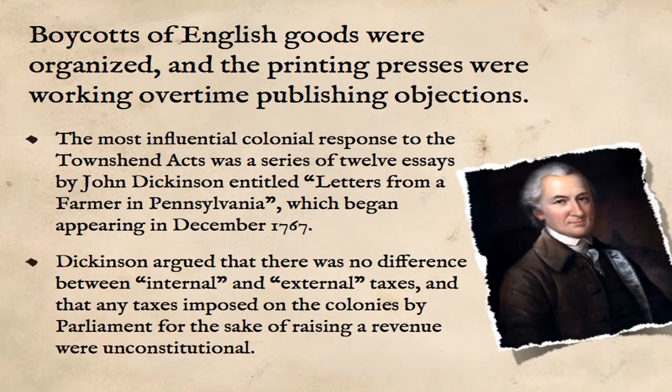And John Dickinson published the Letters from a Farmer in Pennsylvania, which were basically a response to the acts from the perspective of a farmer. But kind of like we saw with some of the other examples in the last lecture, it was meant to be shown from one farmer, but it was actually letters from this particular person taking the appearance of a farmer, if that makes sense.